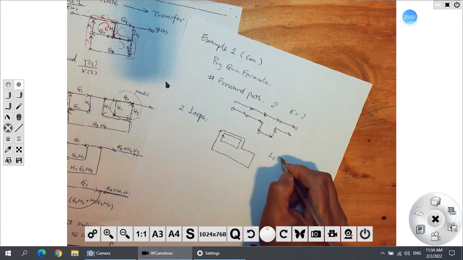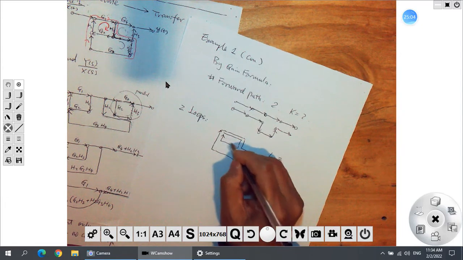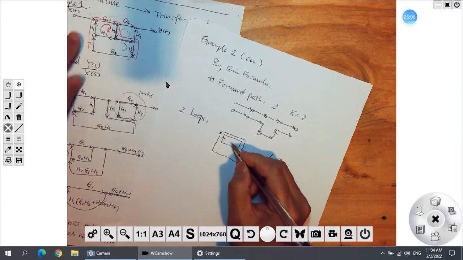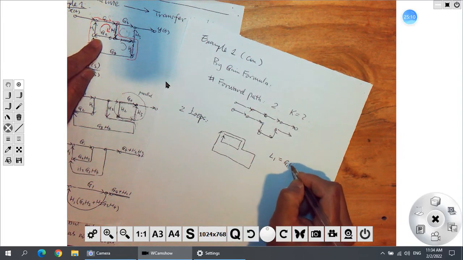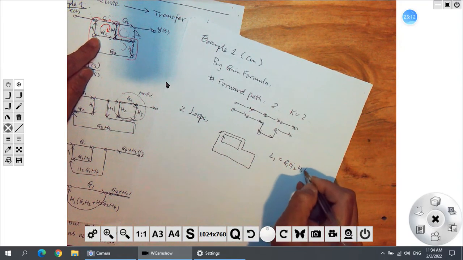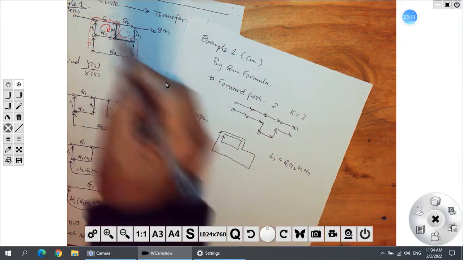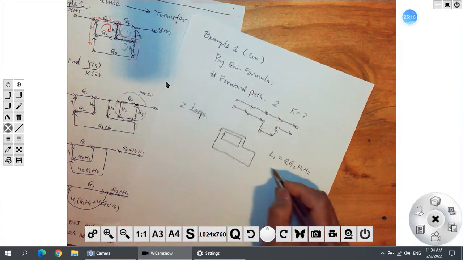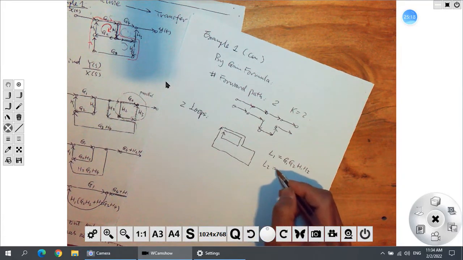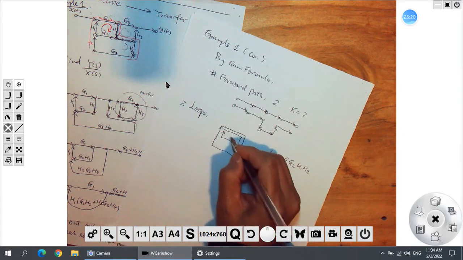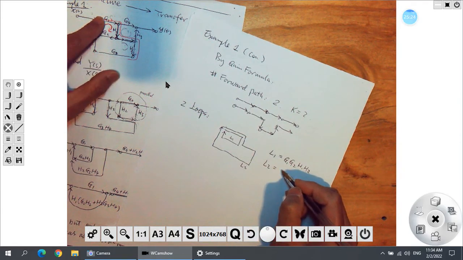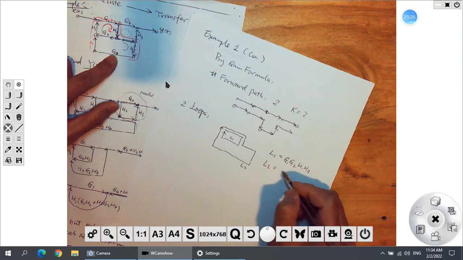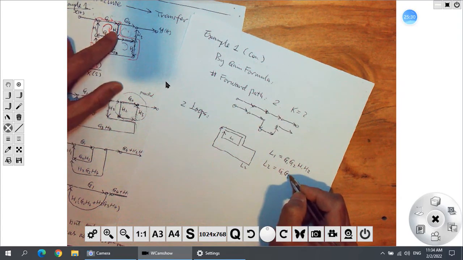So we have L1 equal to the small loop. The small loop is G1, G2, and H1, H2. Right? A small loop. And the larger loop, this is L2, this is L1. L2 is G1, G3, and H1, H2, H4.